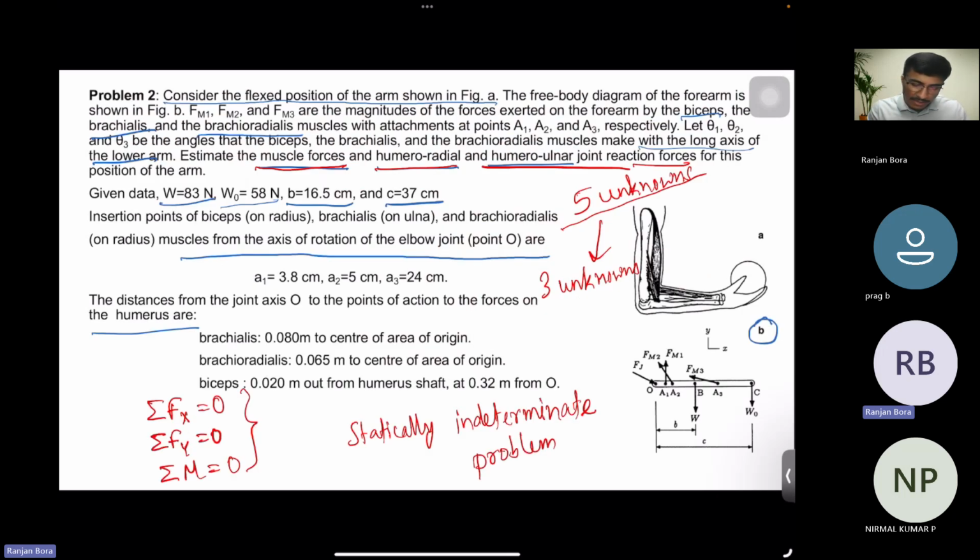These parameters are given: A1, A2, A3, and the distances from the joint axis O to the points of action of forces in the humerus bone. So we'll use this information. First I will calculate for the brachialis muscle. Brachialis is A2. A2 is given as 5 centimeter.